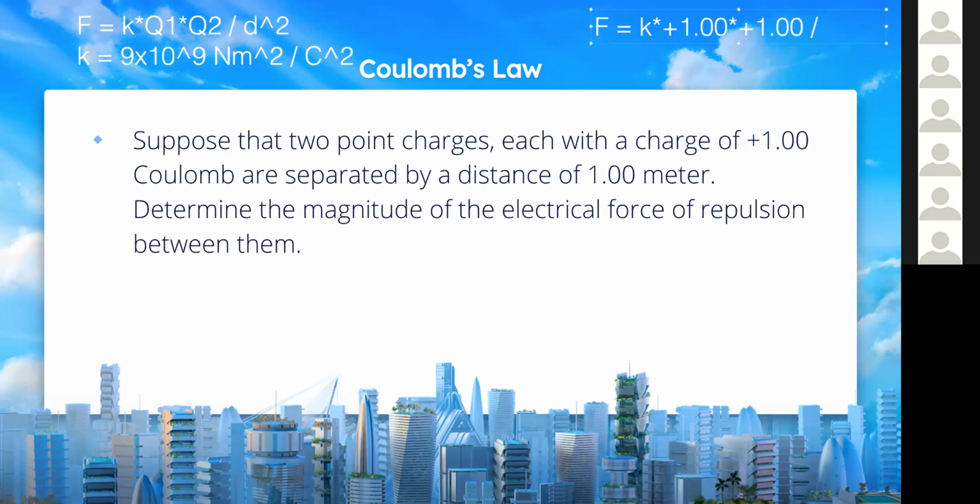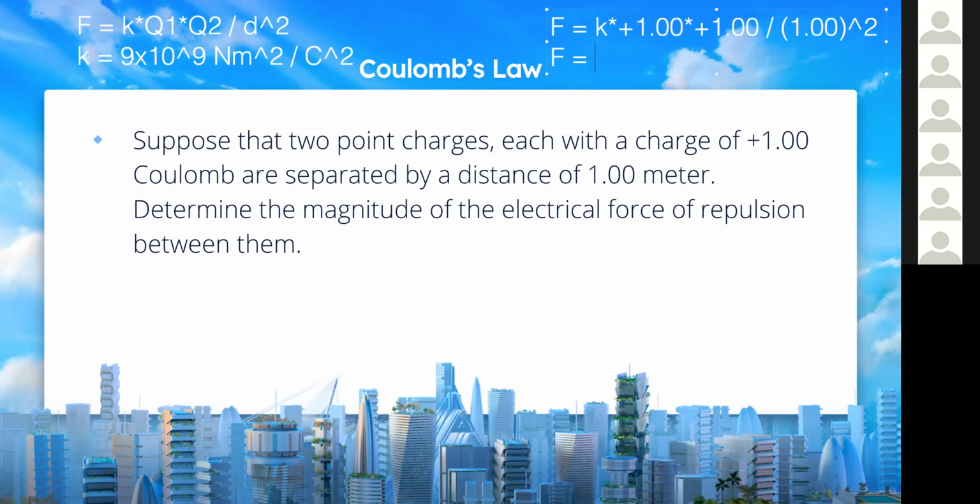And then what is the distance between the two? 1 meter. Right, so we can simplify that. Oh, I'm doing this in white. It's about to be bad. All right, we can simplify that. We've got 1 times 1 divided by 1 squared.